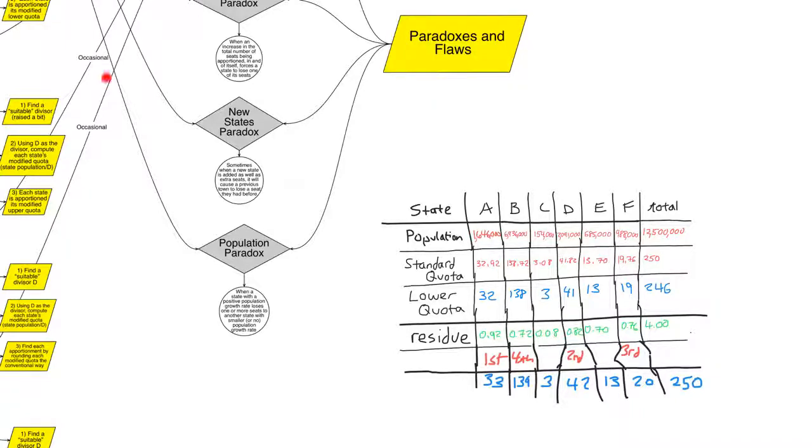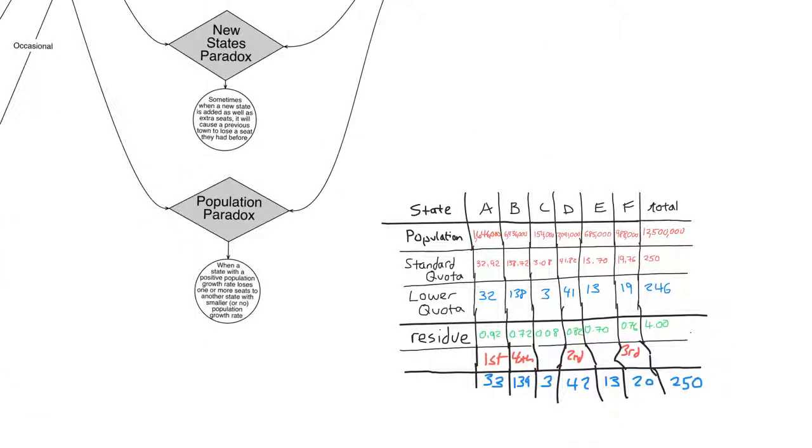And finally, Hamilton's method also might result in the population paradox. That says that a state with a positive population growth rate loses one or more seats to another state with a smaller or no population growth rate. So imagine state A increases in population. Right now it's at 1,646,000 people. Imagine state A increases to, let's say, 2 million people, and state B actually loses some people or stays the same.